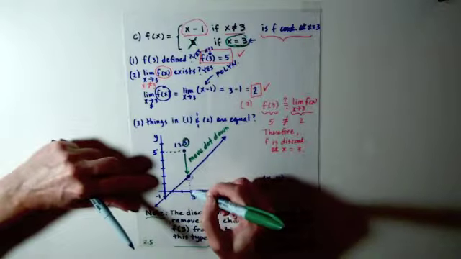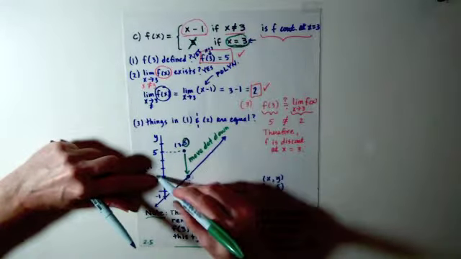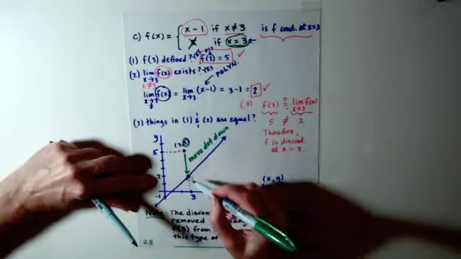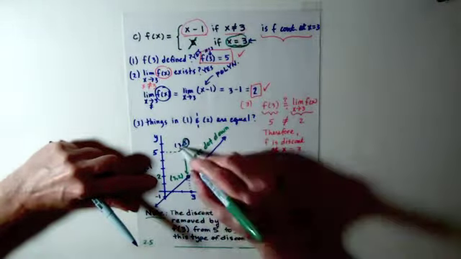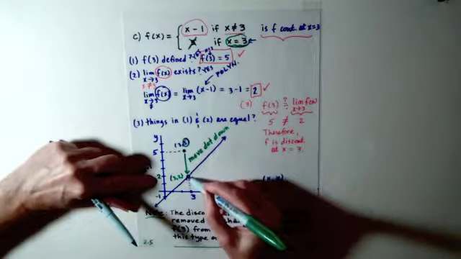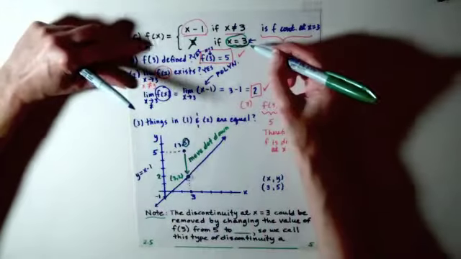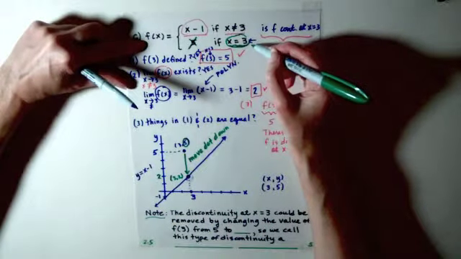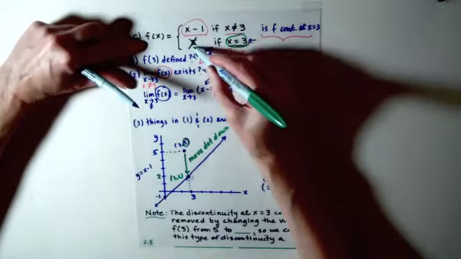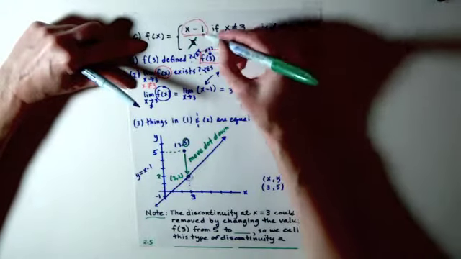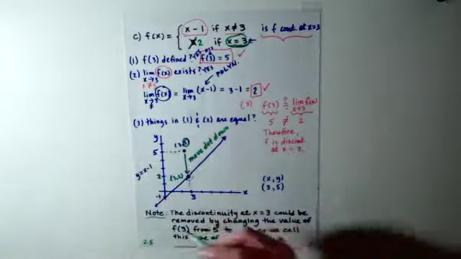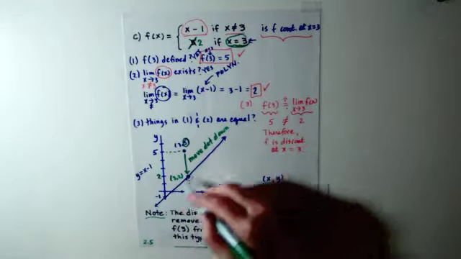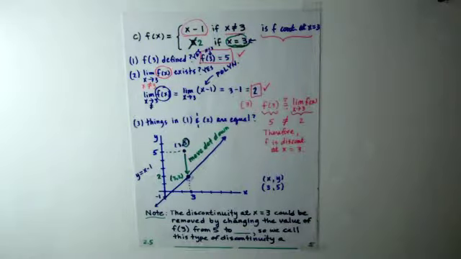Well, it looks like the output would have to be equal to 2. If the dot were at (3, 2) instead of (3, 5), it would exactly fill in that hole that we had in the line. So if I redefined f and said instead of when x equals 3 I get an output of 5, when x equals 3 I get an output of 2, I would get a different function, but my new function would actually be continuous at x equal 3.